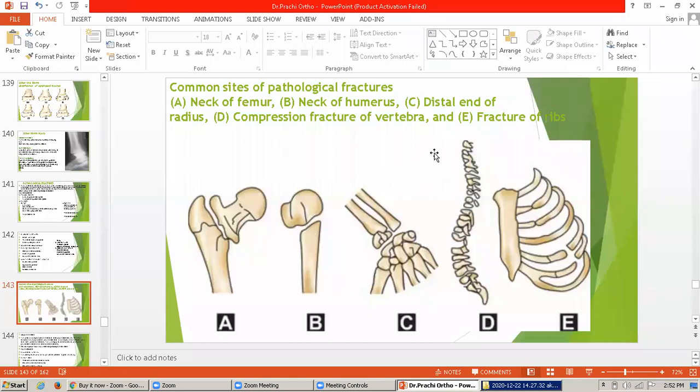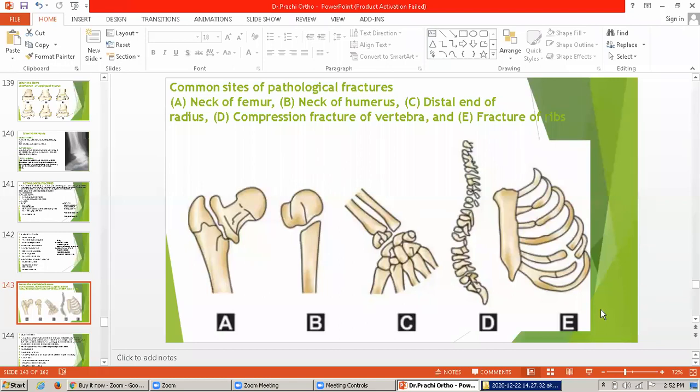Then C, that is the distal end of the radius. This shows here, that is diagram C. This is the distal end of the radius, showing a fracture. Then compression fracture of the vertebra, that is diagram D, shows here the compression of the vertebrae.